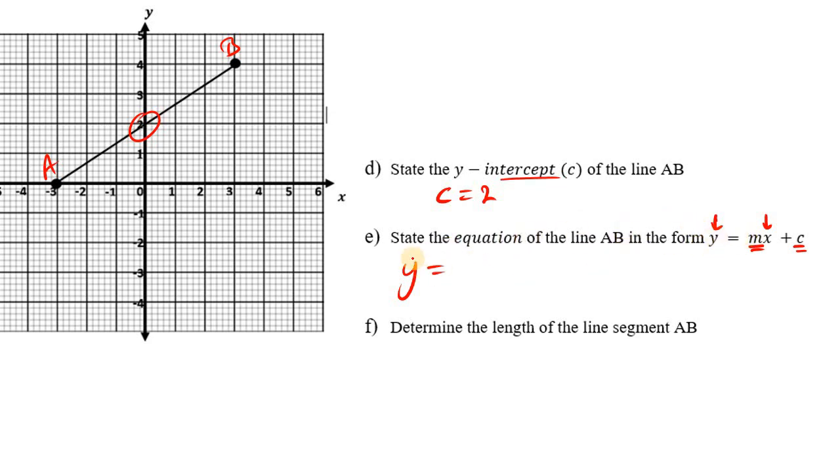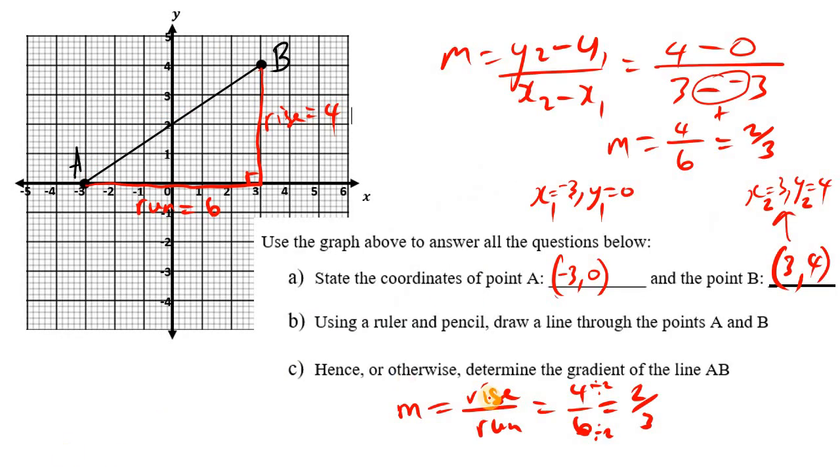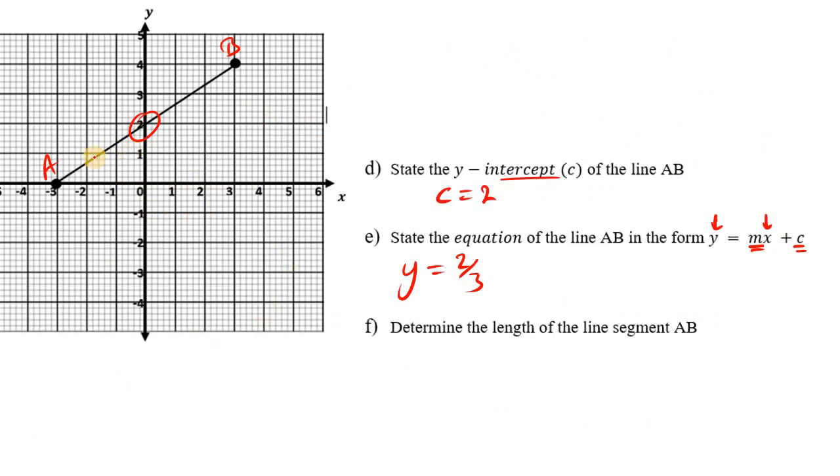The m is fixed, that we found to be 2/3 earlier on. We can double check that. You can see that the gradient is 2/3 using two different methods. So the same line we're talking about here, AB, has gradient 2/3. We write back the x, and the c, where does it cut the y-axis? It's at +2. So this is y equals m, which is 2/3 x, plus c, which is +2.